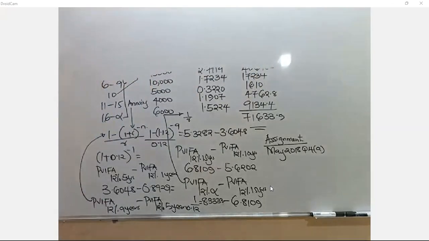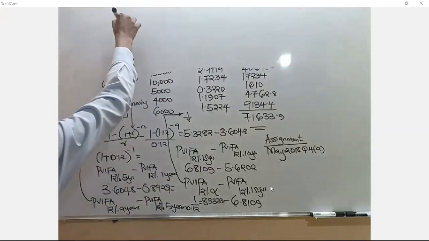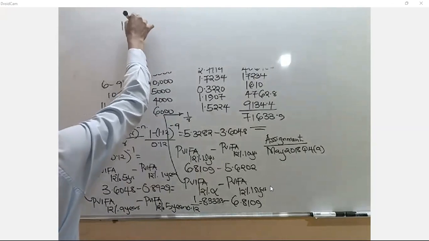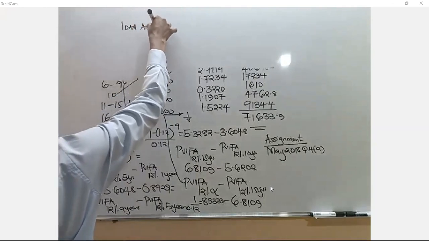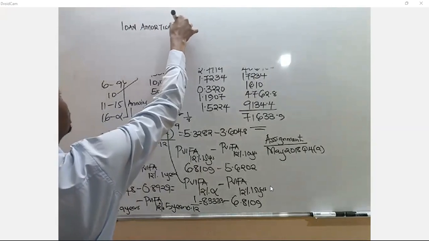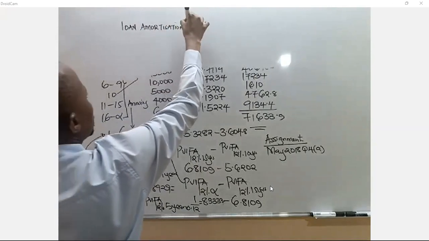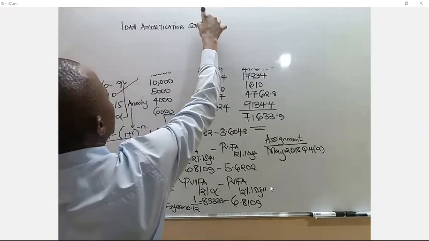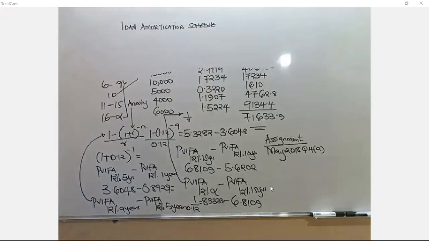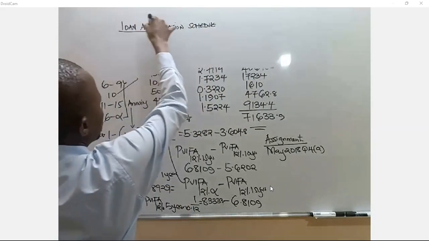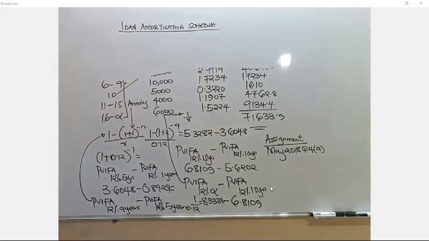The next and last one for this topic is normally called the loan amortization schedule. Very crucial, very important. You need to understand it because this is a practical thing. The way we do it here is how it is normally done by your banks.